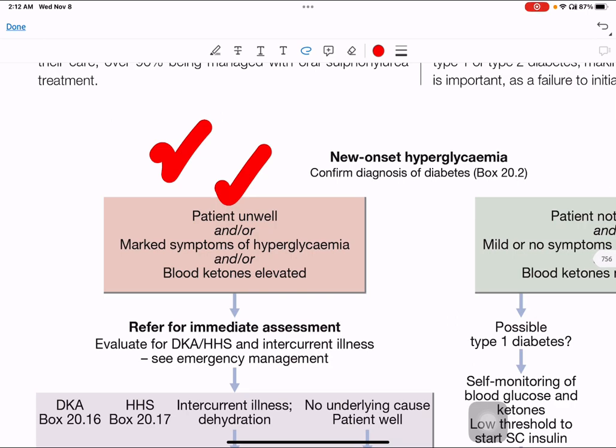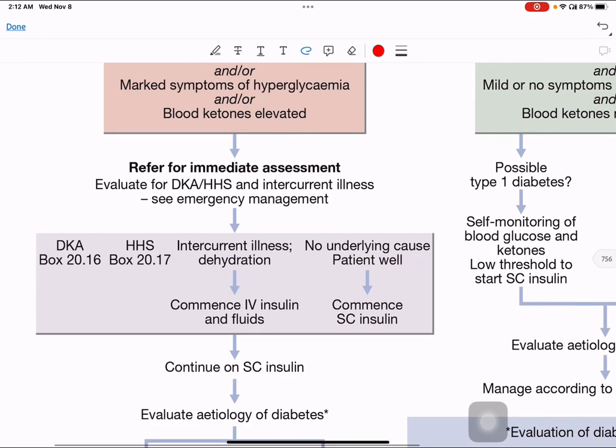We have to label the patient as either a case of diabetic ketoacidosis or hyperosmolar hyperglycemic state. So we have to label the condition the patient is in, and treat accordingly as per protocol.